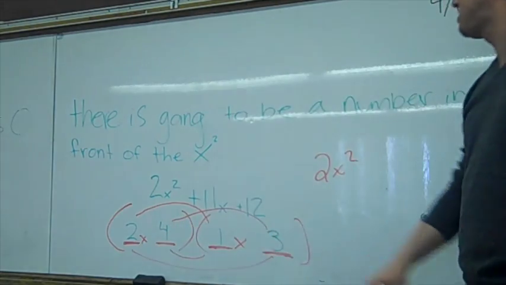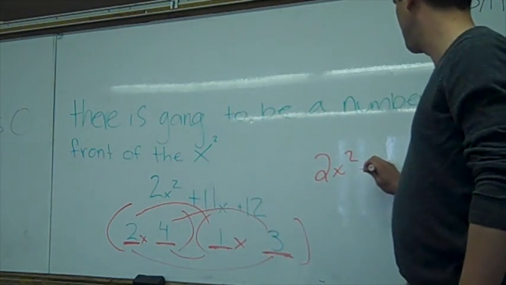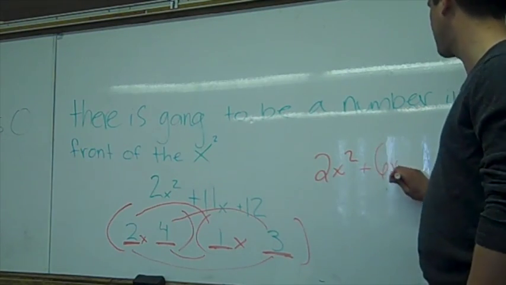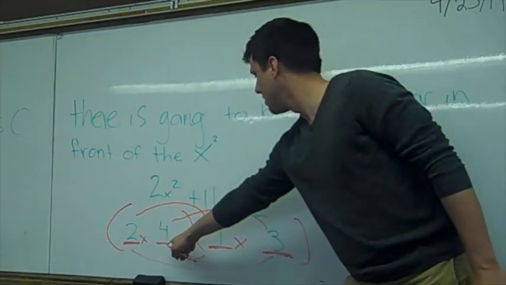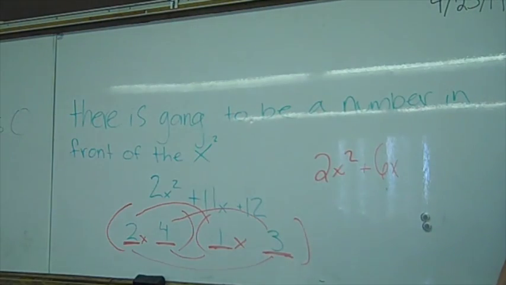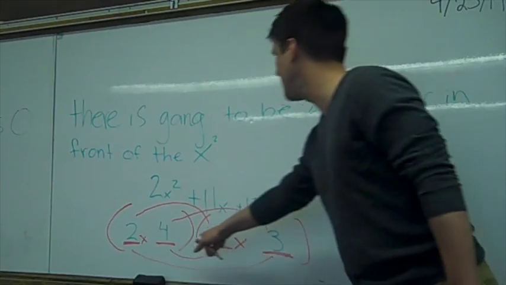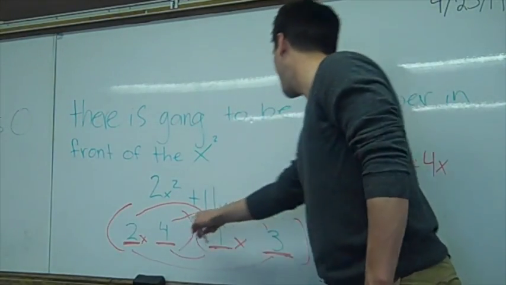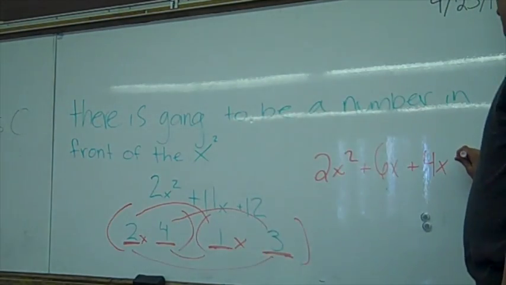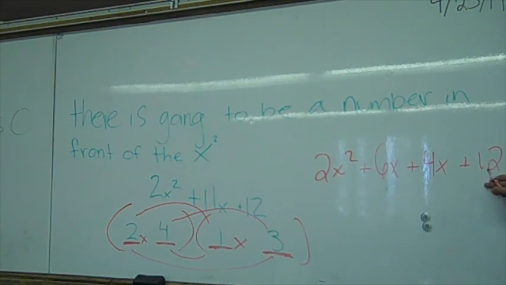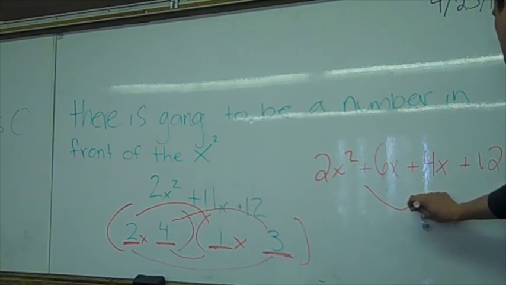Mouth, 2x times 3 is 6x. Nose, 4 times 1x is plus 4x. And then right eyebrow, 4 times 3 is plus 12. We have a front term that's correct and a back term that's correct. Let's combine these and see what we get.